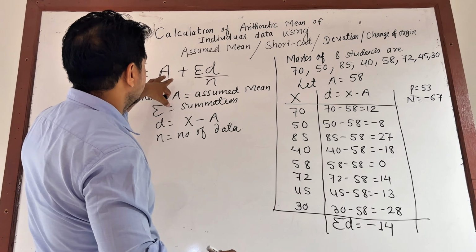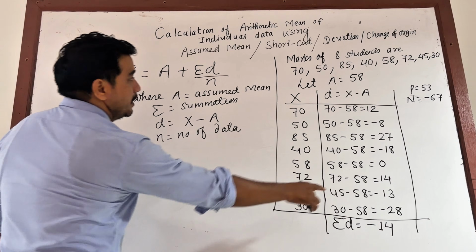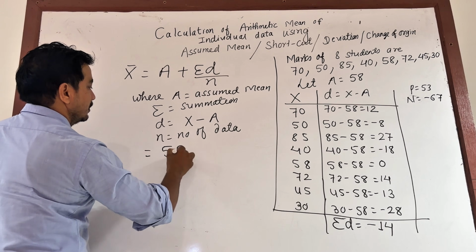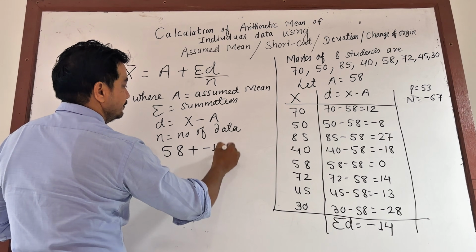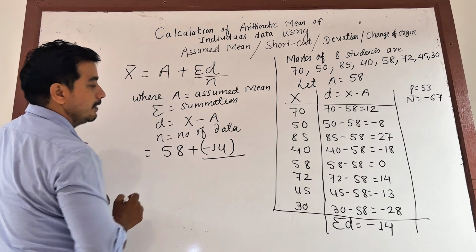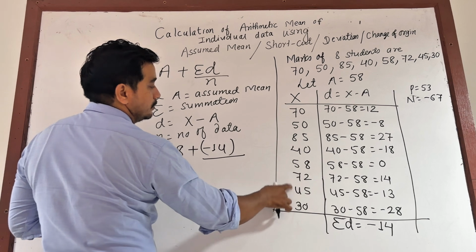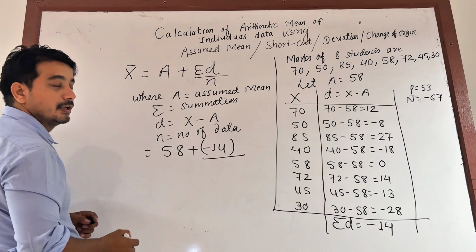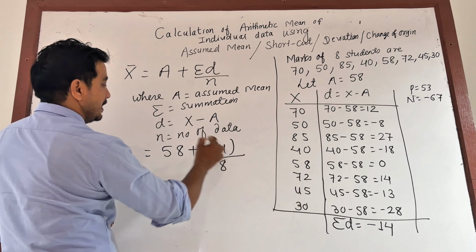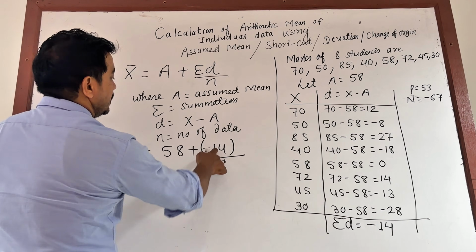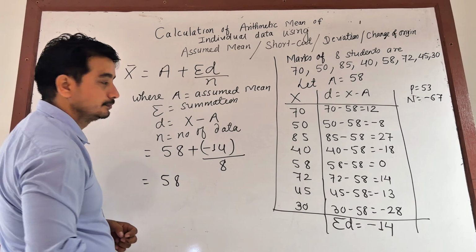Now let's go to the formula. Our formula is x bar is equal to a, which we assumed as 58, plus summation d, which is minus 14, divided by n. We have the data of 1, 2, 3, 4, 5, 6, 7, 8 students, so you divide by 8. 14 divided by 8 is 1.75.